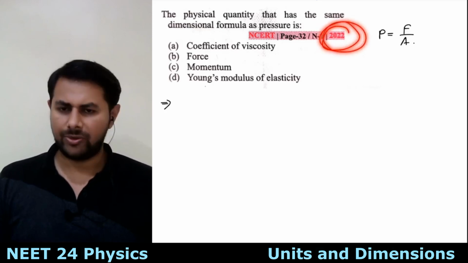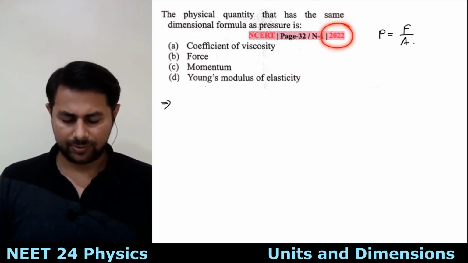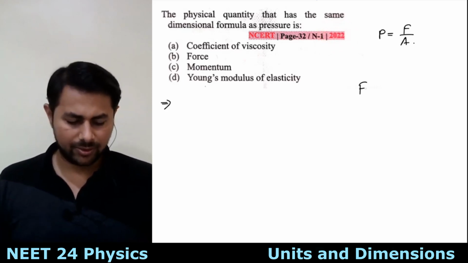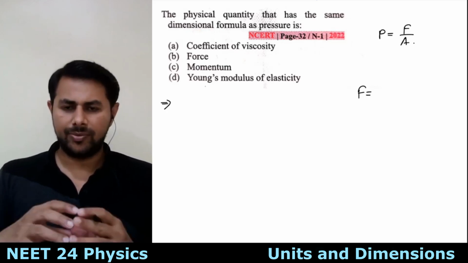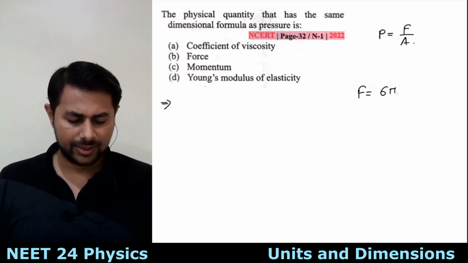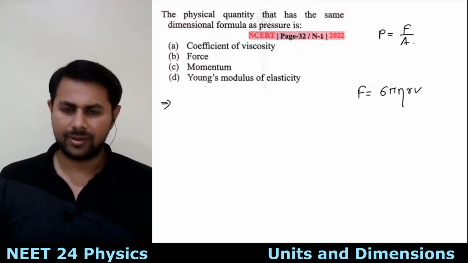This question is from 2022, a recent question. Okay, so you might not know. Let me tell you, there is Stokes' law of viscosity. The viscous force, it is the friction in the fluids. Fluid means liquid. It's given by 6 pi eta RV.